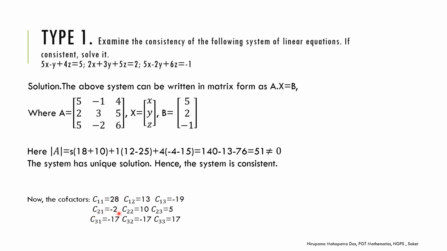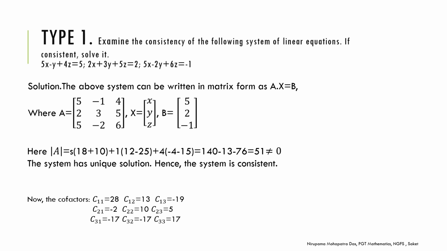Similarly, these are cofactors of elements of second row, and here these are cofactors of elements of third row. So it means if we have to write cofactor matrix, 28, 13, minus 19 would be written in the first row, and minus 2, 10, 5 would be written in the second row, and minus 17, minus 17, 17 would be in the third row.